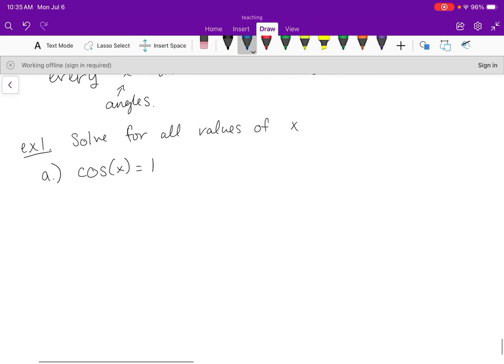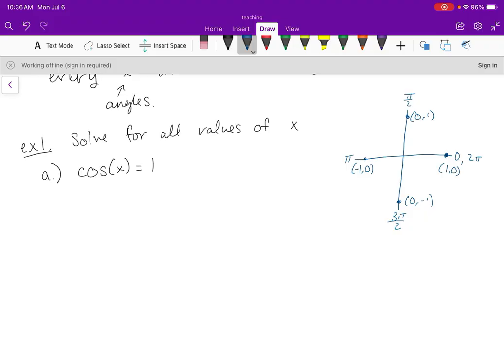What we're going to use a lot today is that unit circle. So this is 0, pi over 2, pi, 3 pi over 2, and 2 pi. This point here is 1, 0, 0, 1, negative 1, 0, and 0, negative 1.